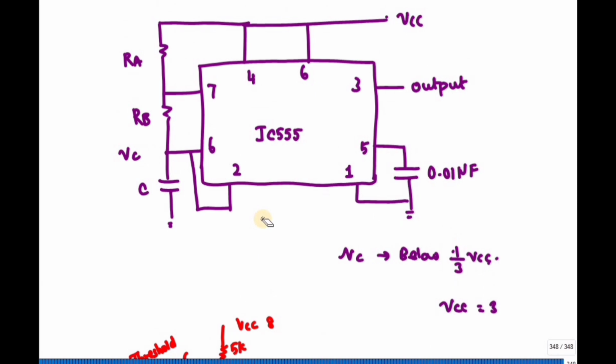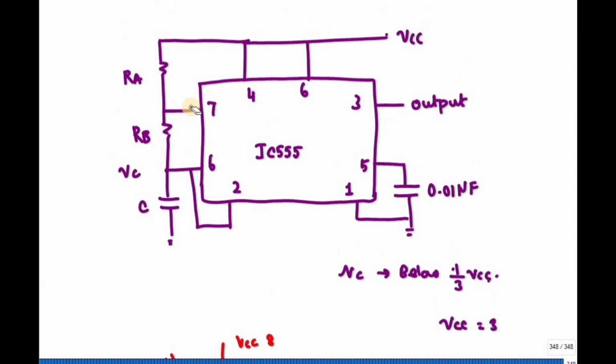Since the discharge pin is open circuited and my output is 1 initially, the capacitance will start to charge through this path.